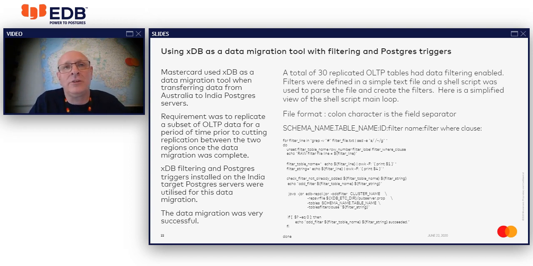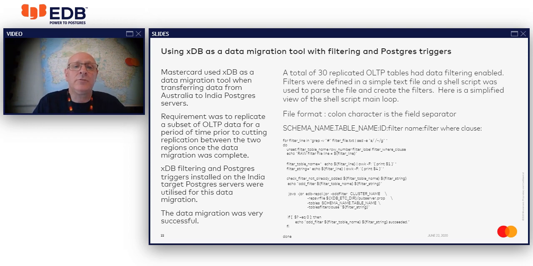So it would just look at the data and say, where the currency is X, oh yeah, it satisfies that criteria, therefore I will replicate it. And if the currency doesn't equal X, then it doesn't replicate it. And that worked well for us.